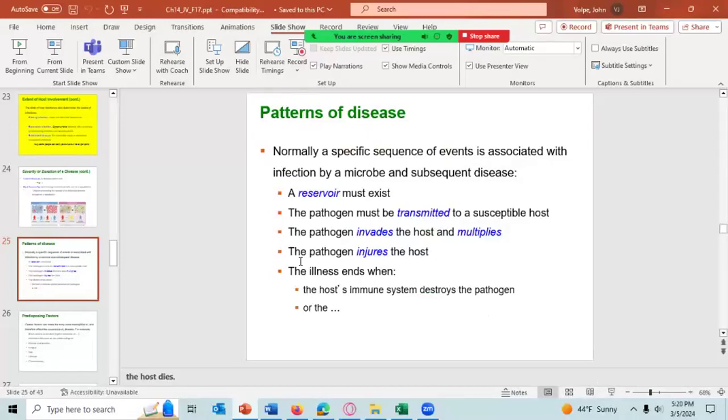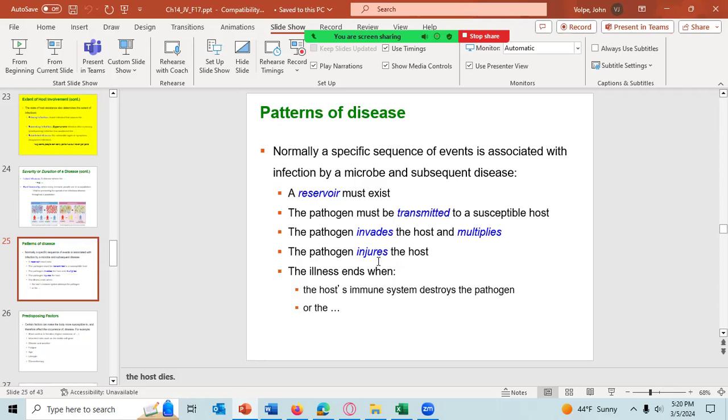The pathogen must be transmitted to a susceptible host. The pathogen has to invade the host and has to multiply within the host. The pathogen has to injure the host. If there's no injury to the host, the pathogen will not have any signs or symptoms of disease.